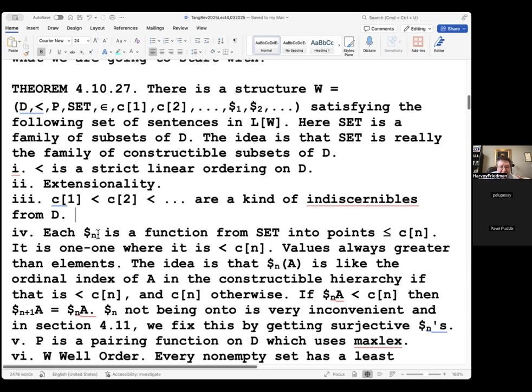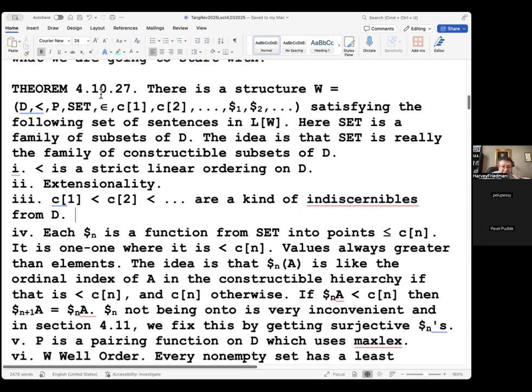The idea is that $n is less than Cn just in case the set we're applying it to is in the constructible hierarchy up to level Cn. But the constructible hierarchy is all buried in W without talking about it.